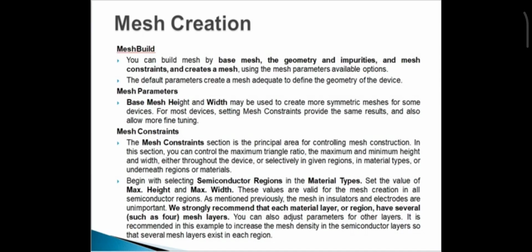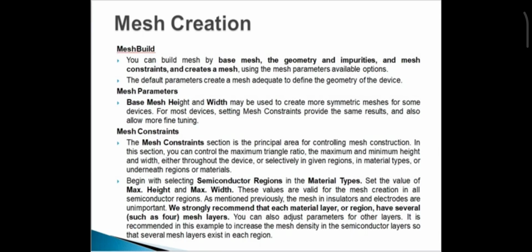If you don't define the meshing for the insulator and the electrode, that does not affect the device performance. We strongly recommend that each material layer or region have several mesh layers. You can define the number of mesh layers for one particular region. You can also adjust parameters for other layers.